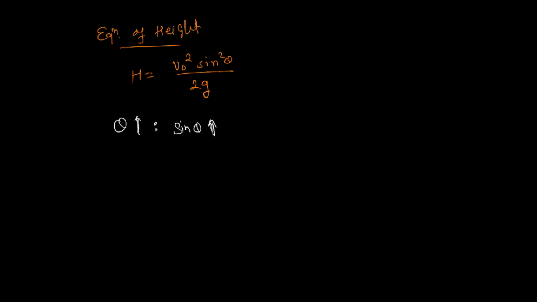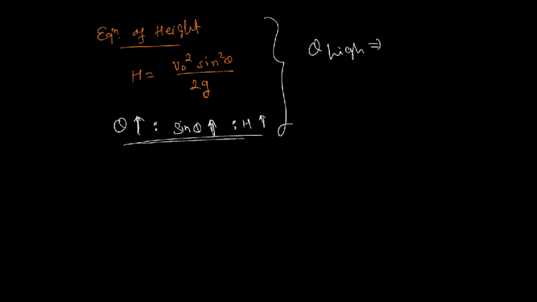So if sin theta increases, maximum height increases, because the remaining terms are considered constant. V naught constant, g constant. So we can say that if theta is considered high, then maximum height is also high. Okay, so this is one important note.